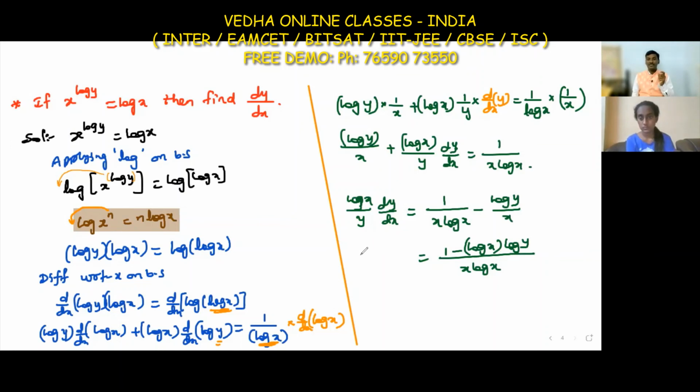And what we have on the left side? Log x by y into dy by dx. But we want the dy by dx value. Take this term to that side.